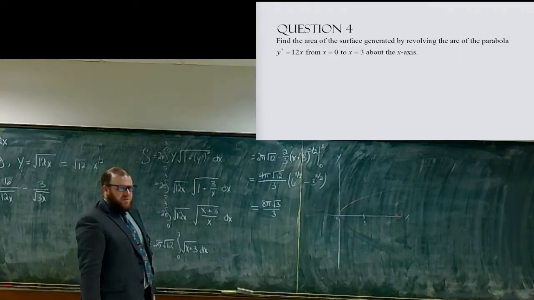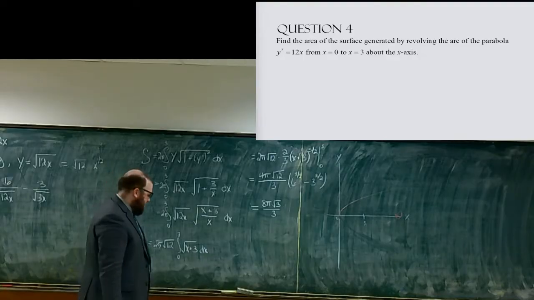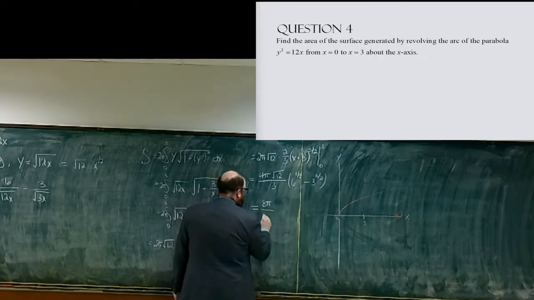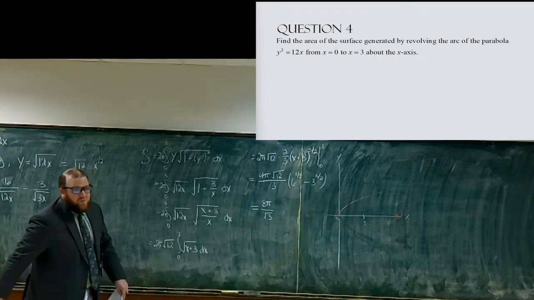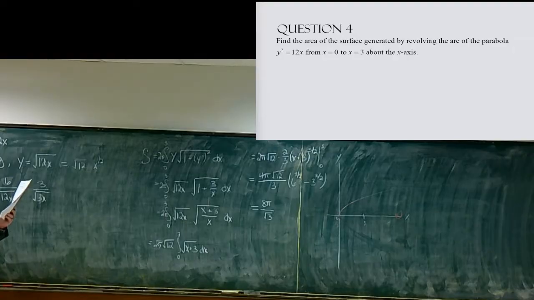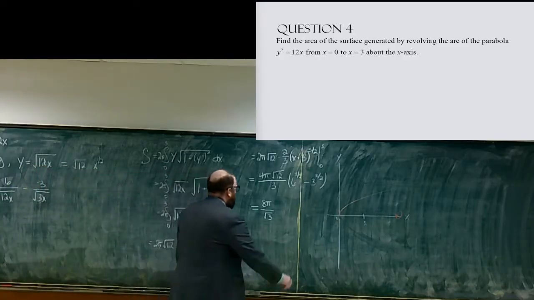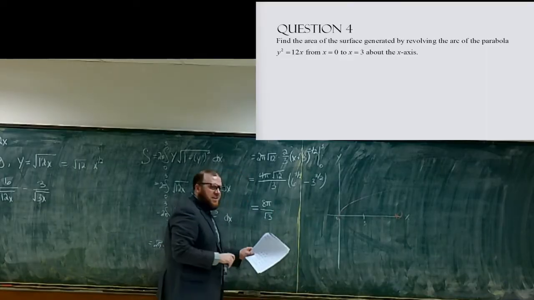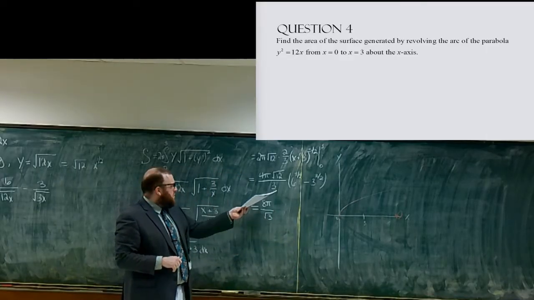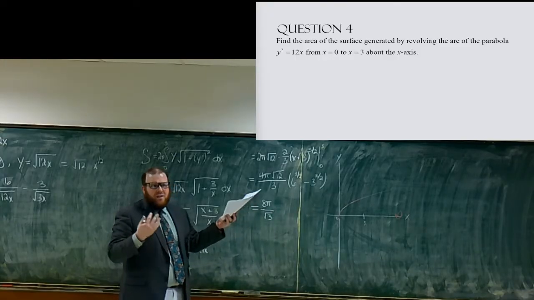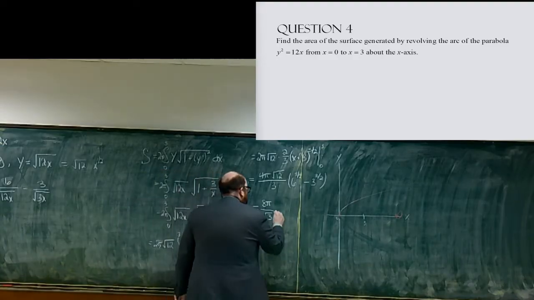Oh, by the way, root 3 over 3 simplifies to 8 pi over root 3. That's not necessary. You could have kept it as root 3 over 3. This just looks nicer to me, so that's what I'm going with.